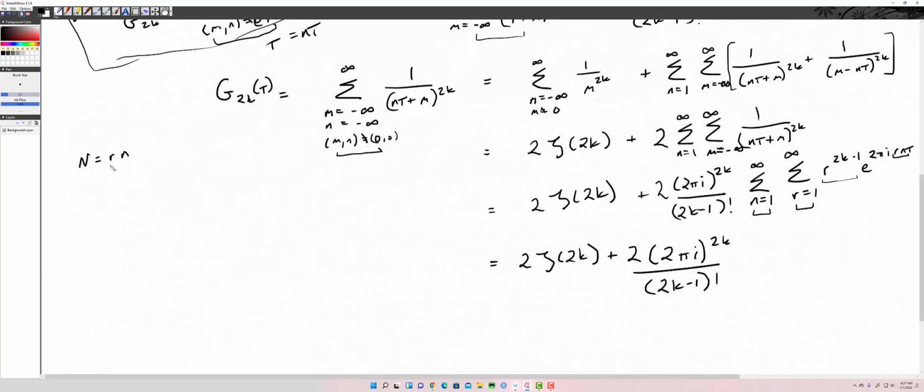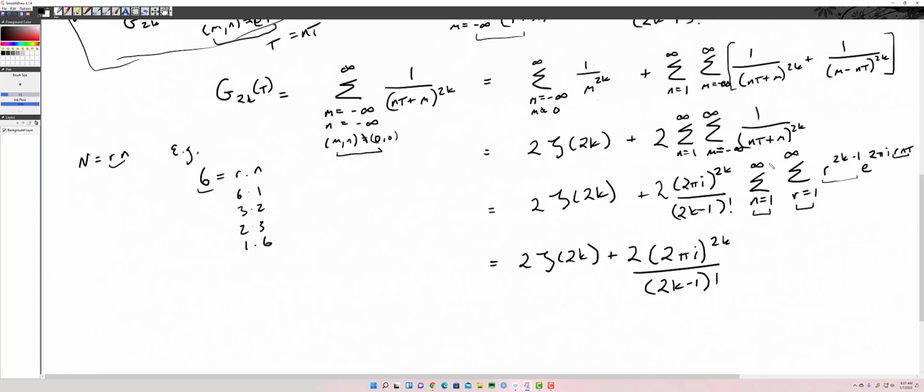If I set the product rn equal to n, so just a quick example, let's say 6 equals r times n, okay? What could r and n be? Well, it could be 6, 1, it could be 3, 2, it could be 2, 3, it could be 1, 6, right? Pretty much any combination that gives us 6, right?